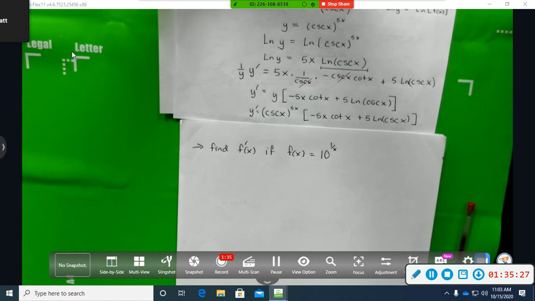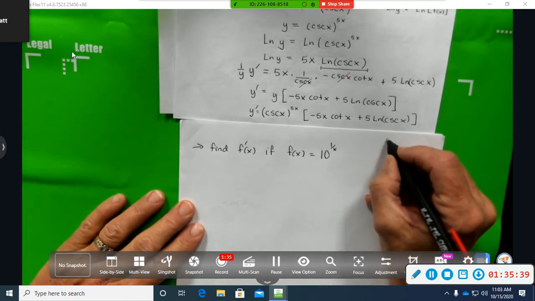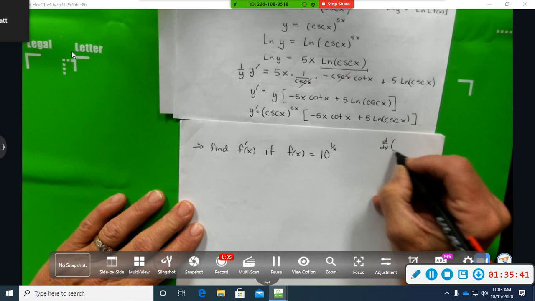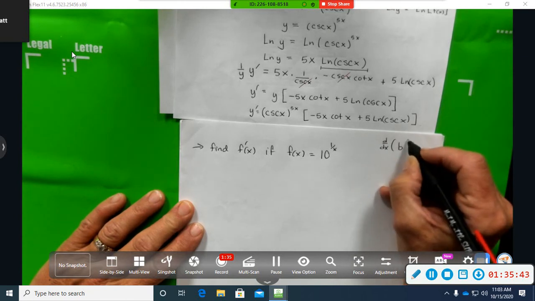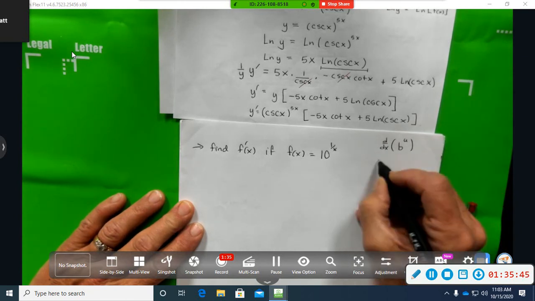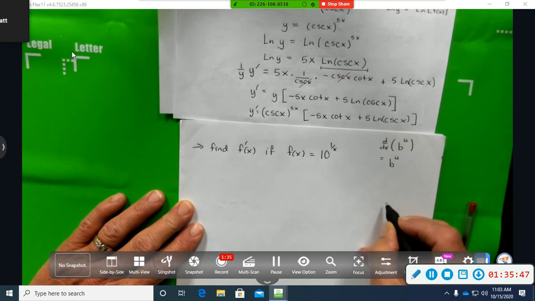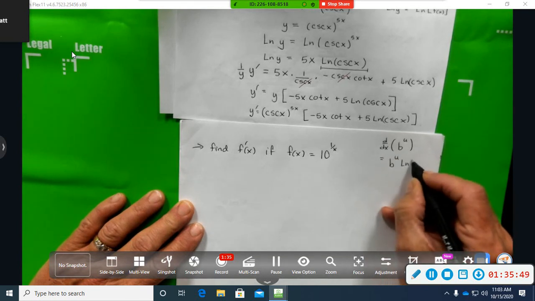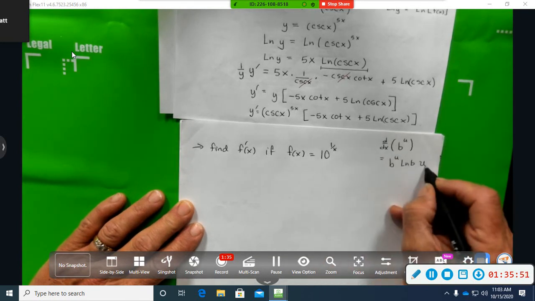If you forget the derivative rule, you can do the same steps to this one that you did to the last one. Or you can use the formula for the derivative of any number to a power: it is itself times the natural log of the base times the derivative of the power.